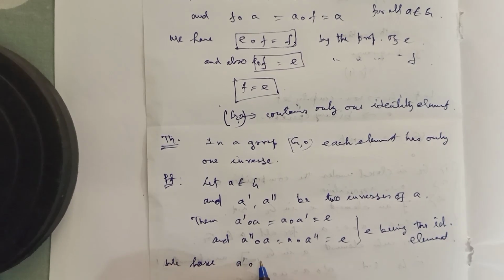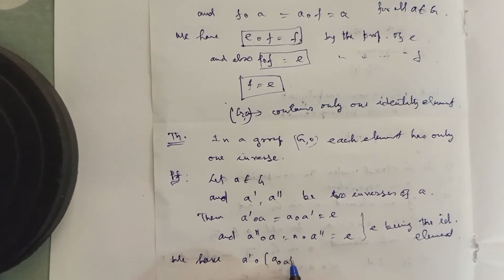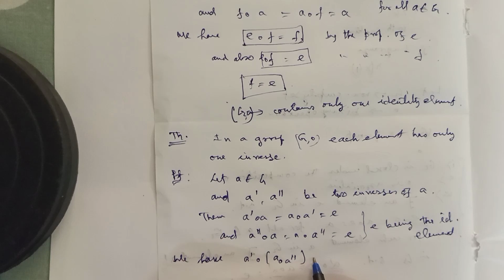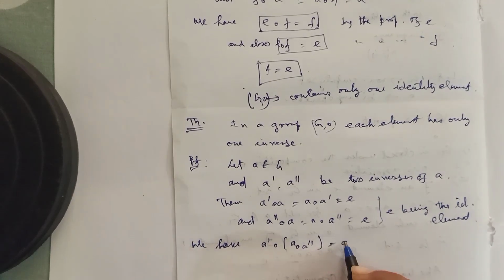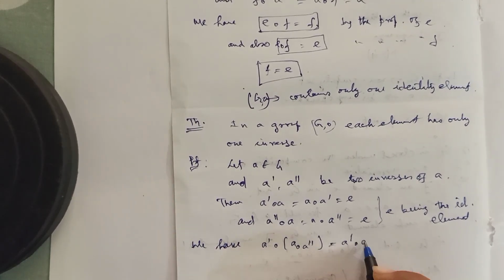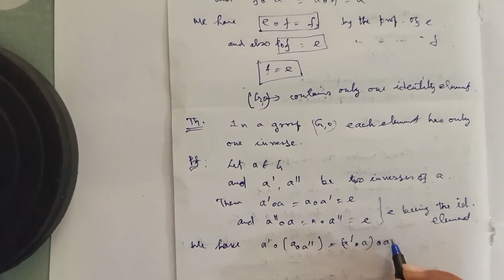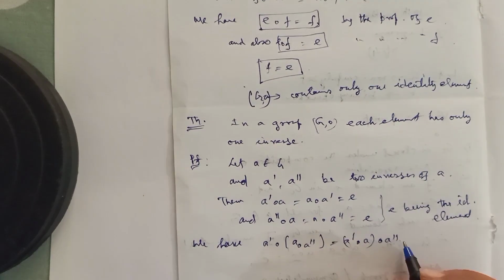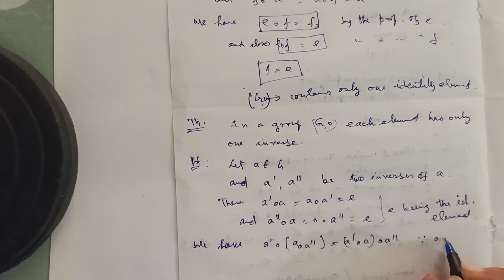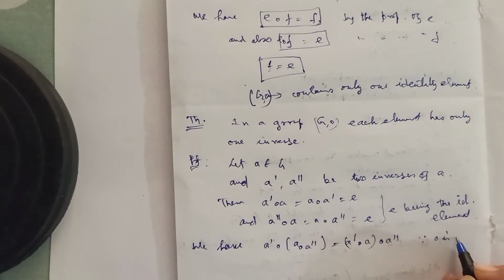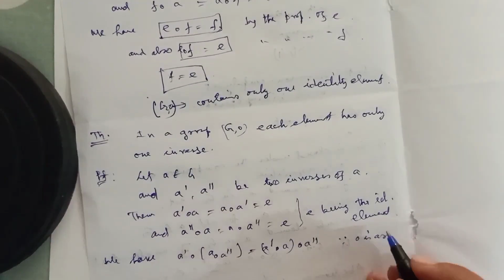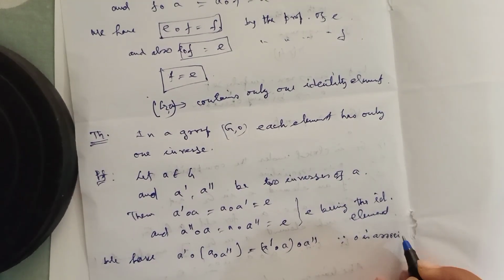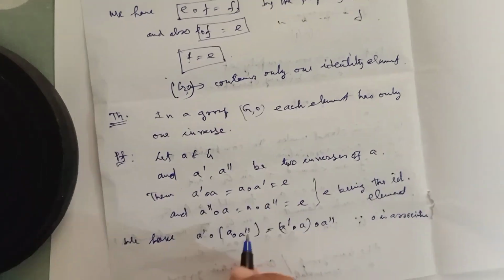Now we have A dash compose A compose A double dash, which by associativity is the same either way, since circle dot is associative.